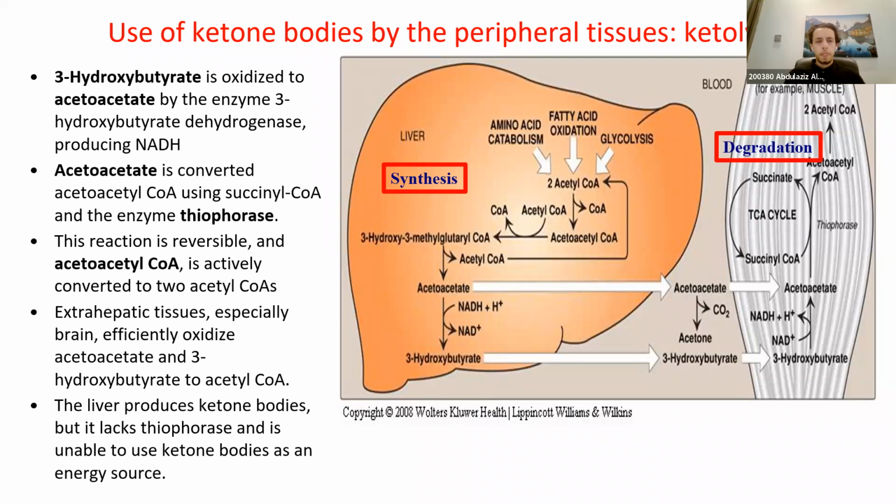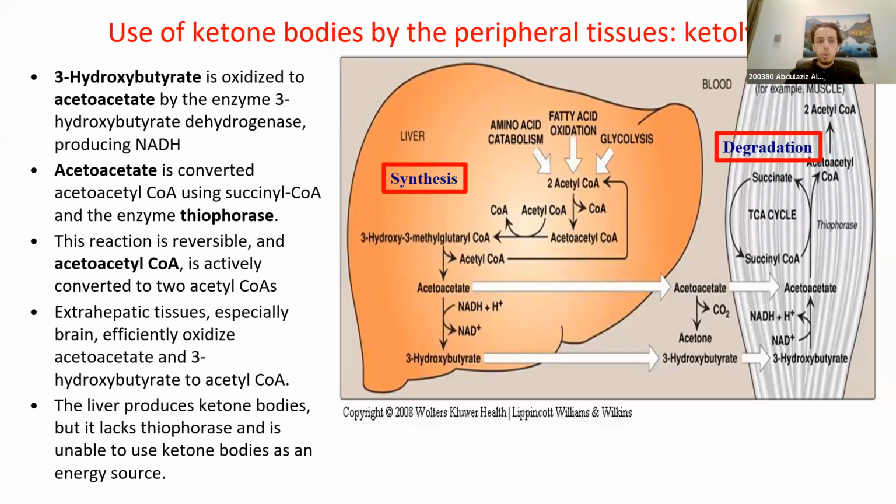Okay, so we created now a ketone body, either acetoacetate, acetone, 3-hydroxybutyrate, all of them. So now how is it utilized? That's a very important thing because we need to utilize it for energy. What happens is the acetoacetate or the 3-hydroxybutyrate are taken up by the muscles or the brain and are converted back into acetyl-CoA through the opposite reactions.